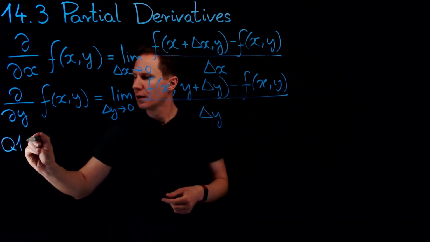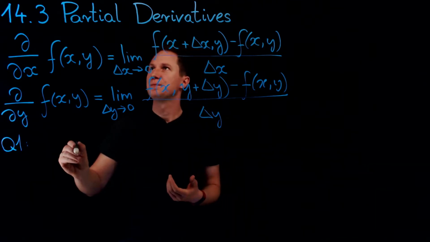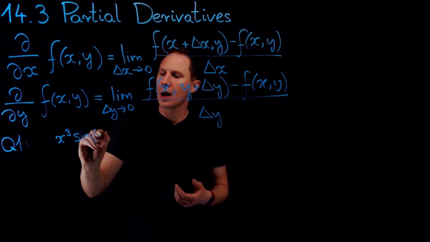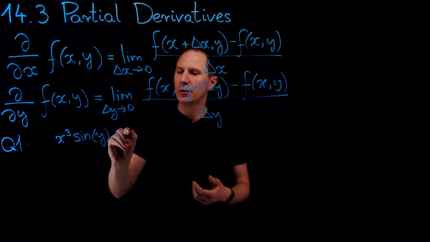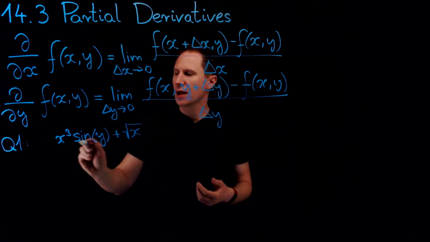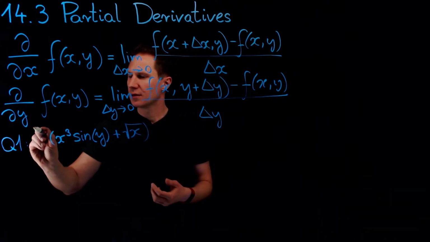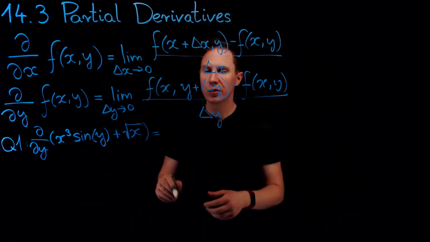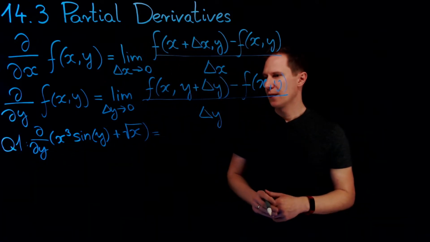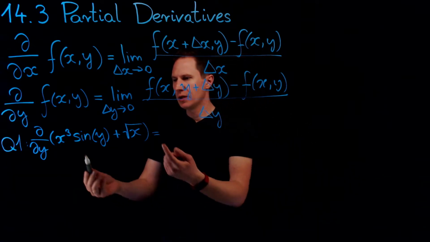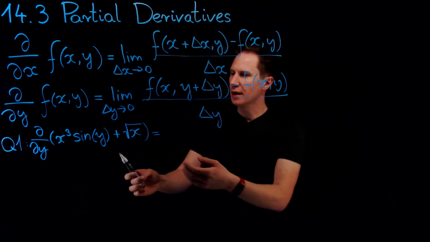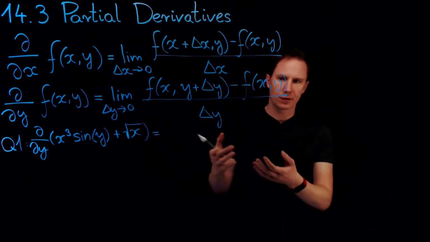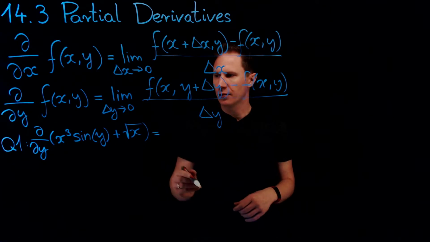So one, take the function x cubed times sine of y plus root x and differentiate this function with respect to y. Pause the video and input your answer below. I hope you paused it and realized when you differentiate this function with respect to y, this second term only depends on x, so it's like adding a constant, or the square root of a constant, that differentiates to 0.